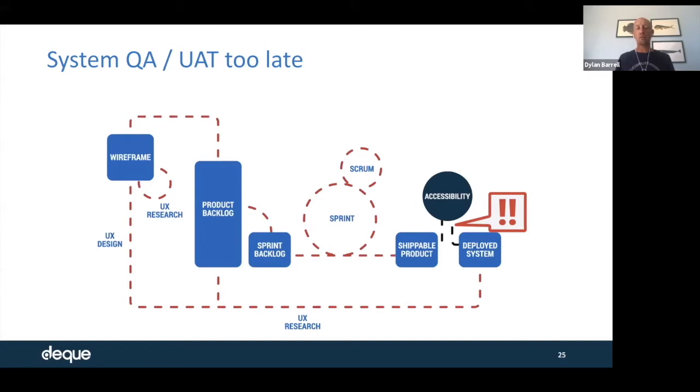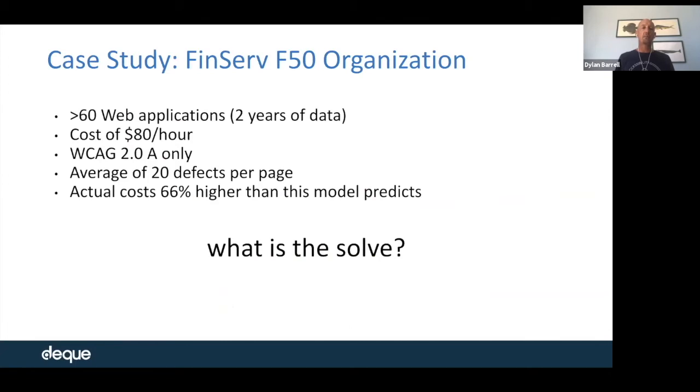And as is DQ's philosophy of trying to make our customers independent, we sat down with them and came up with a plan to make them do this in a sustainable way, independent of us, and in a very cost-effective fashion. So what's the solve?